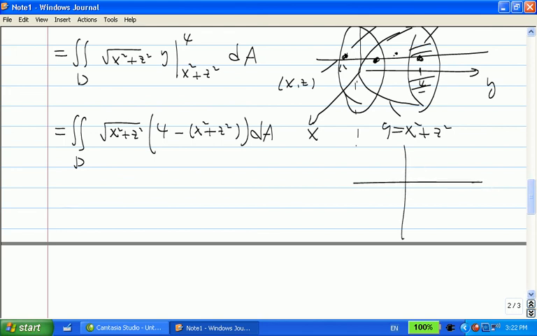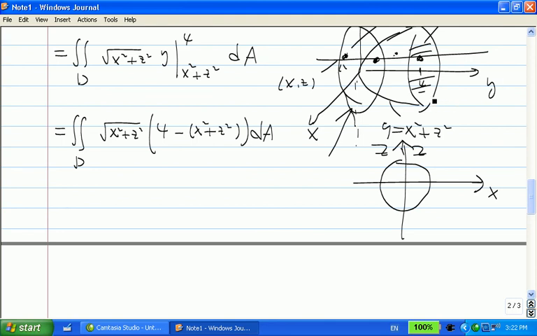Let's go back to see what is the region D here on the xz plane. And we can see that it's a circle. This circle is this one. So what is the radius?